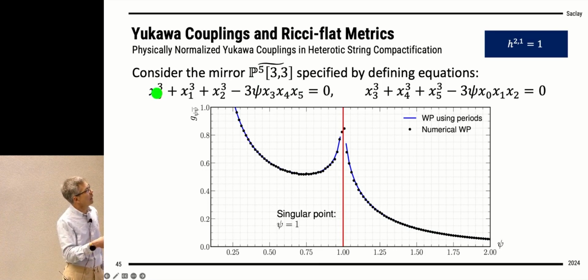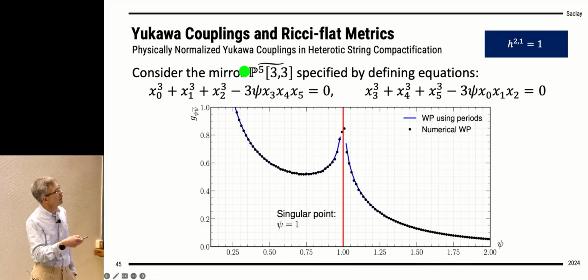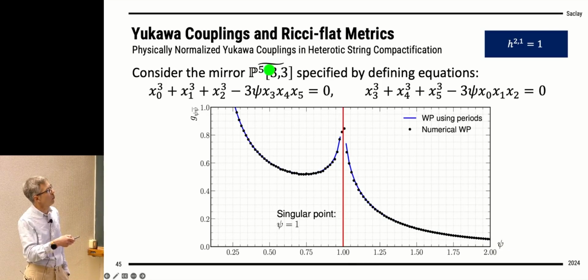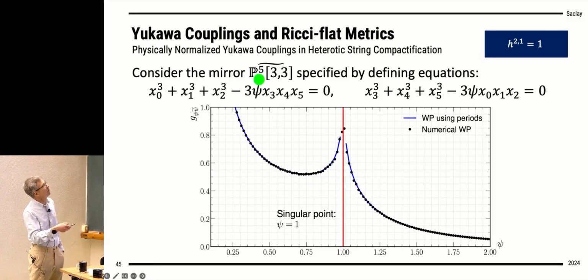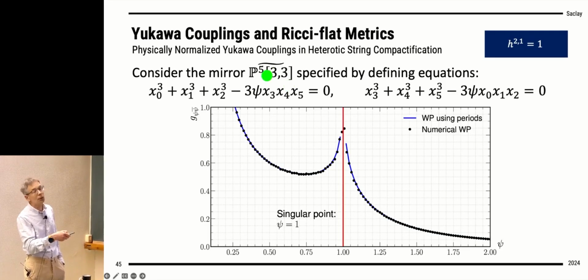I'm starting with an ambient space. This is a complex projective space of dimension 5. There are 6 homogeneous coordinates, x0 through x5, and I have 2 defining equations, so that gets me from 5 to 3.